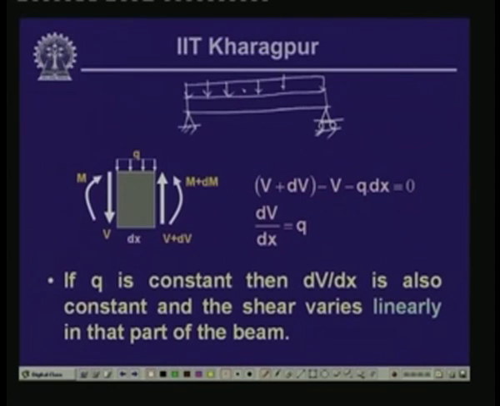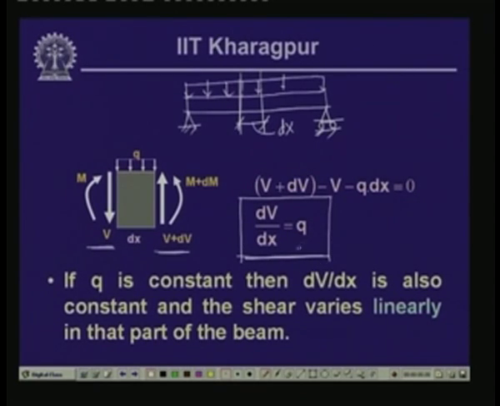Now, if we take a part of this beam of length dx, then according to our conventions we have placed the shear force and the bending moment on two sides. This particular equation we have seen in the last lesson, that dV/dx is equal to q.